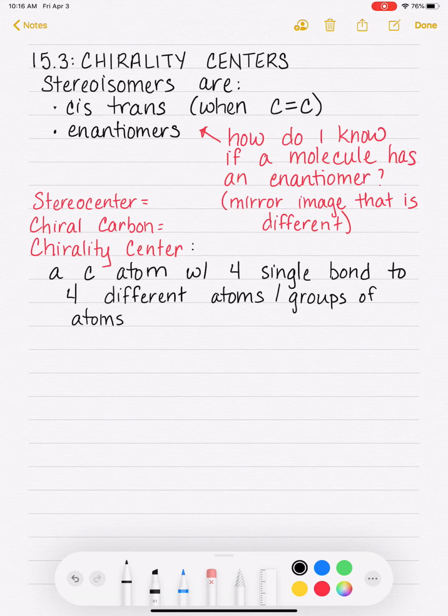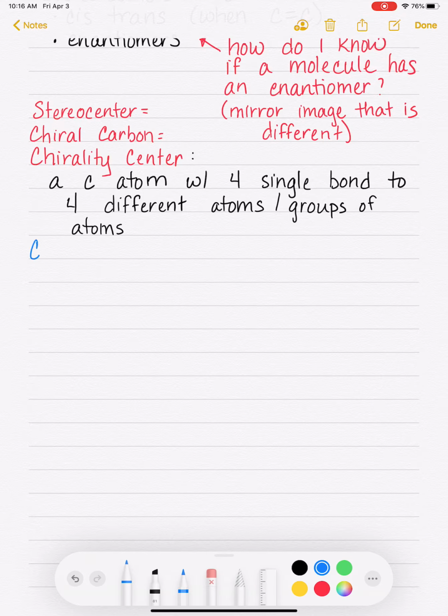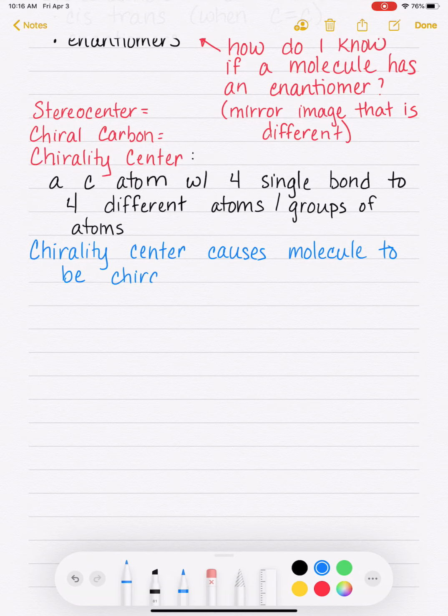So it's a carbon atom that has 4 totally unique things on it. If a molecule has a chirality center, this causes the molecule to be chiral, which means that it will have an enantiomer, or mirror image.